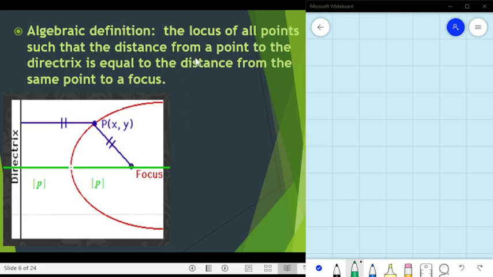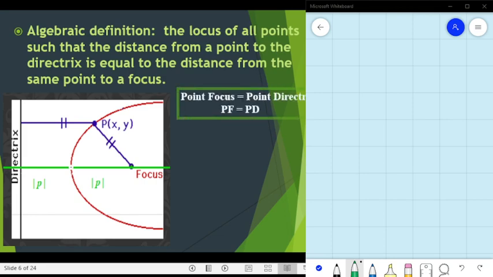Okay, so from the definition, the parabola is composed of points on a plane such that the distance from this point on the parabola to the directrix is the same as the distance from the point to the focus. So the distances are equal. Any point, even up here, the distance here is equal to the distance there. So they have the same distance, and that is what we call a parabola.